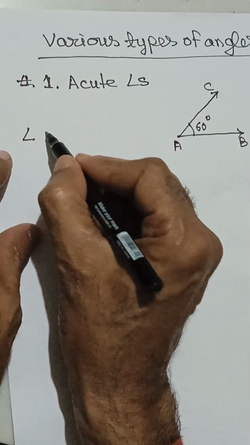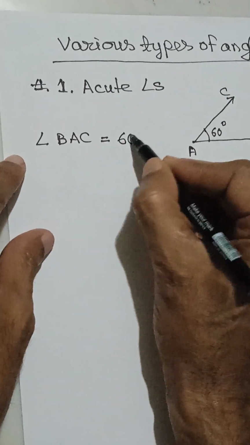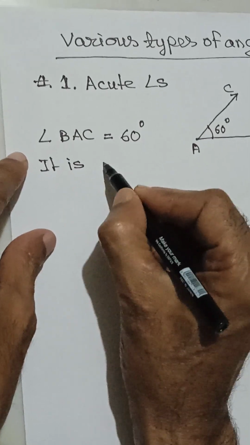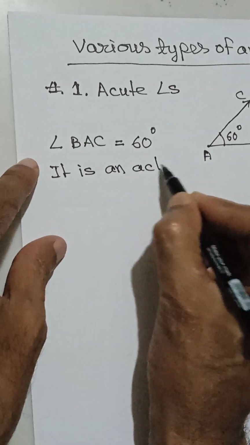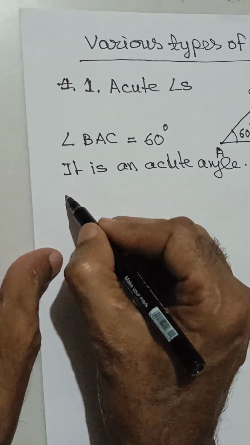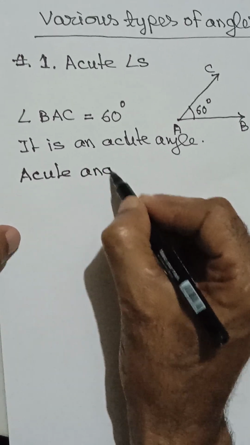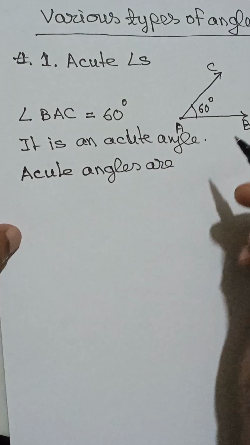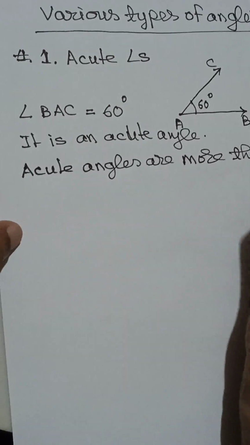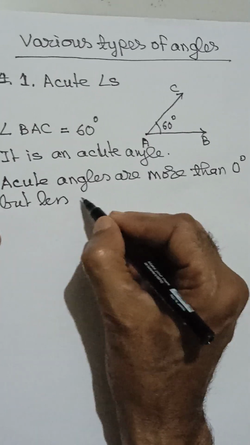Then angle BAC is equal to 60 degrees. It is an acute angle. Acute angles are more than 0 degrees but less than 90 degrees.